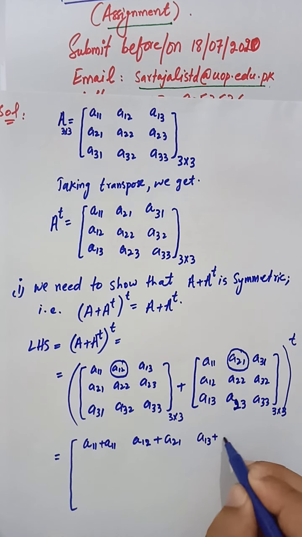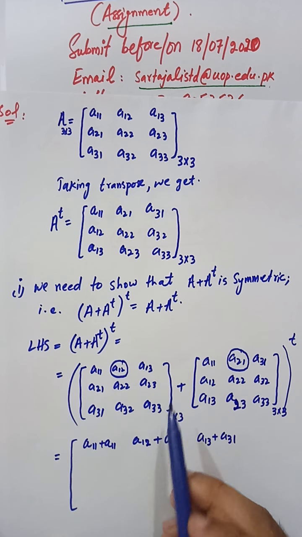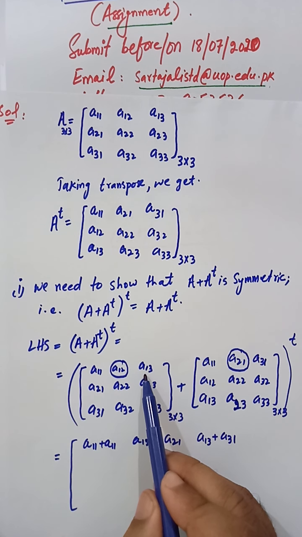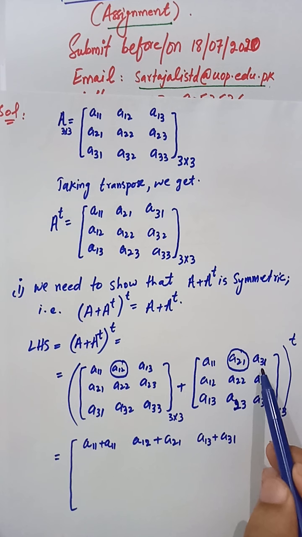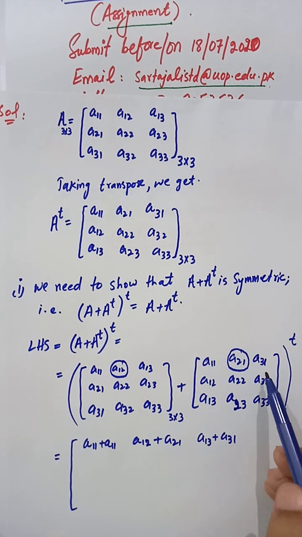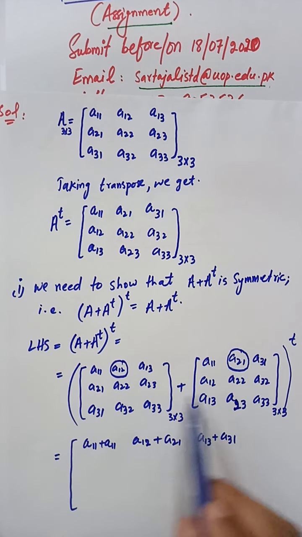A13 will be added with A31, because this lies in the first row and third column, and this lies in the first row and third column, so they are corresponding. When we are adding two matrices, we add the corresponding elements.